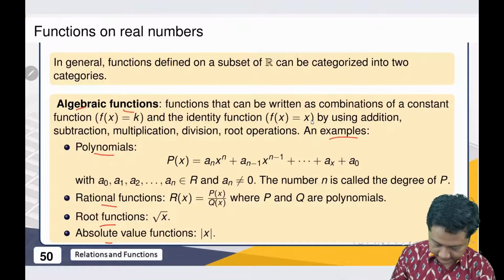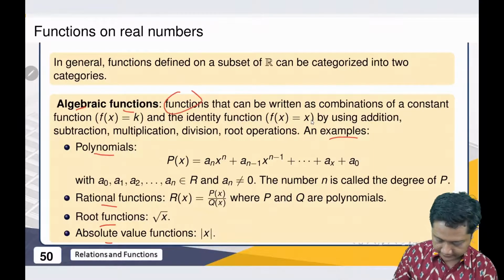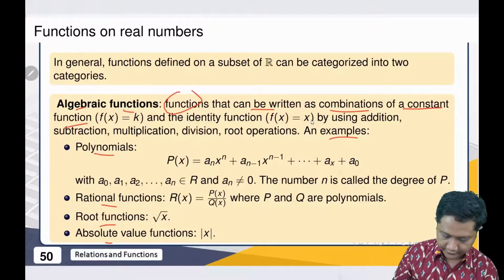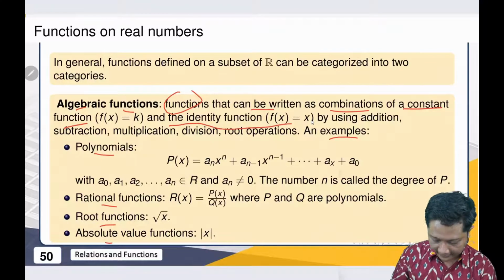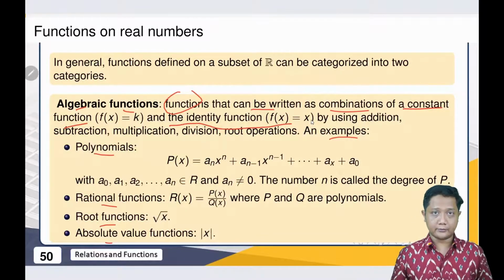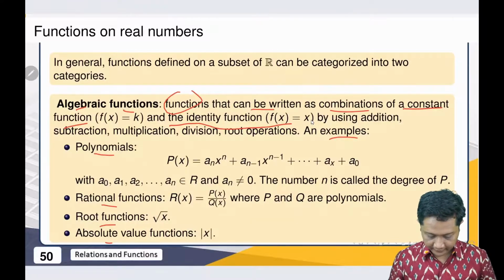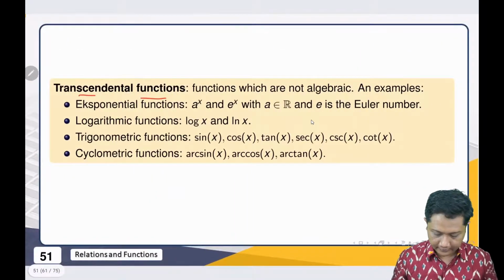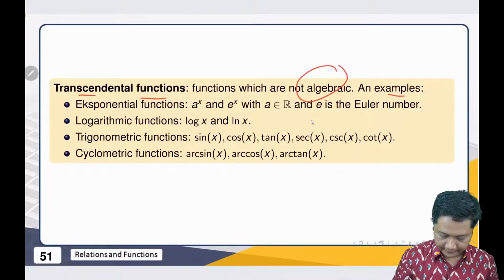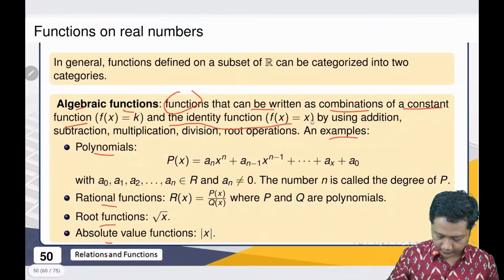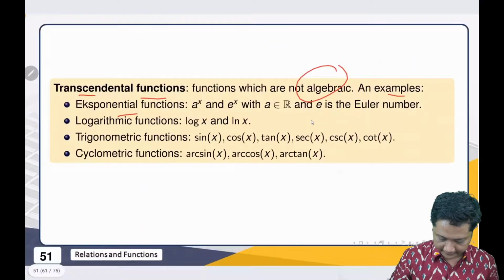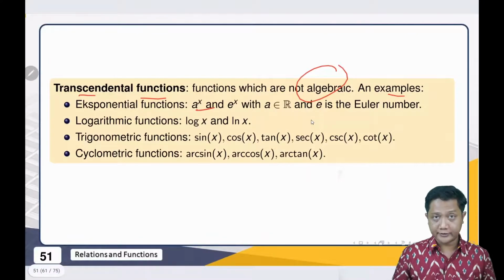If a function can be written as a combination of a constant function and the identity function f(x) equals x, that is an algebraic function. And the second one, transcendental functions. If they are not algebraic, for example, exponential functions, of course they cannot be represented as this, right? So that is for exponential functions.